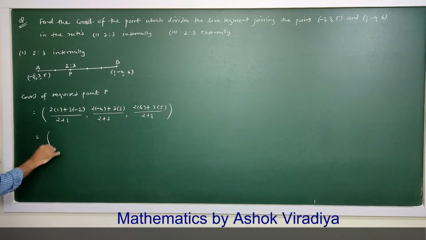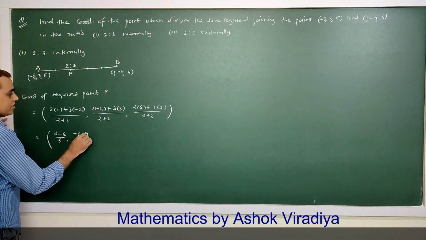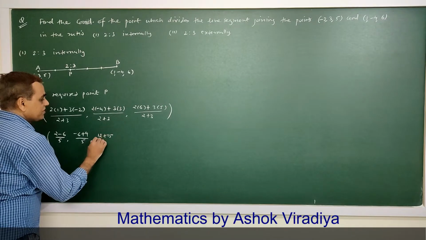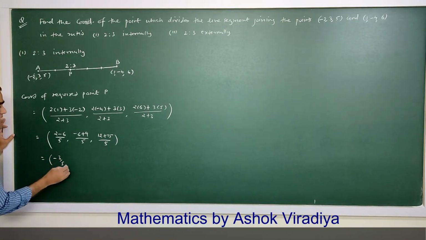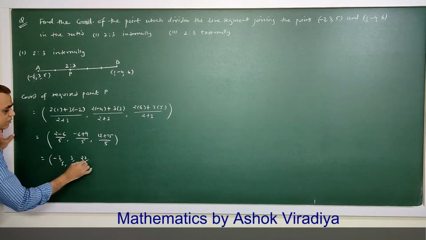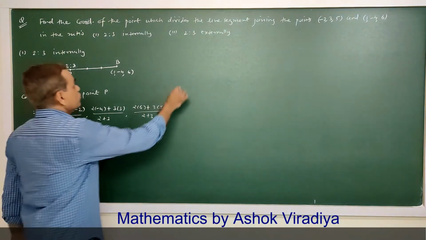So it is 2 minus 6 upon 5 comma minus 6 plus 9 upon 5 comma 12 plus 15 upon 5. So coordinates are minus 3 by 5, 3 by 5, 27 by 5. So these are coordinates of this point. Now case 2.